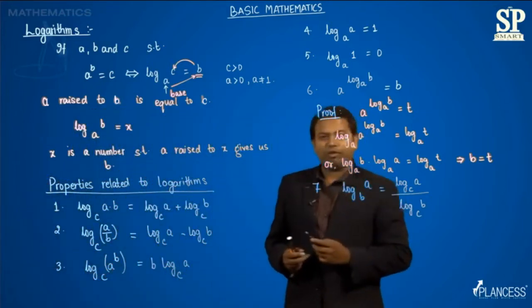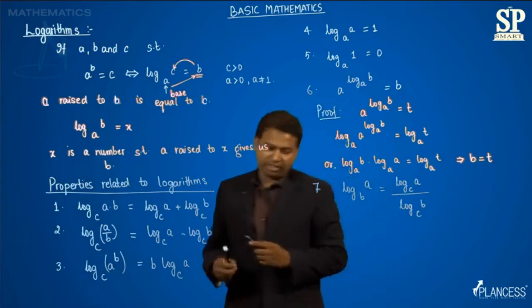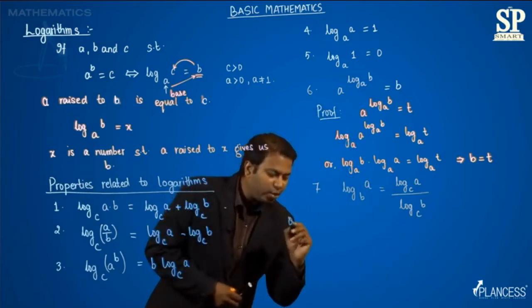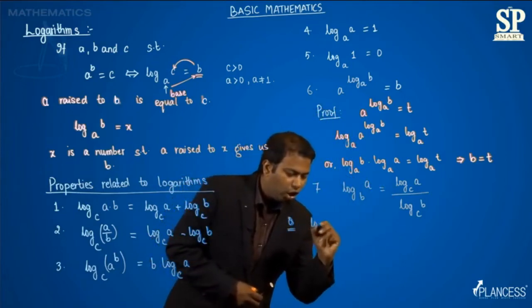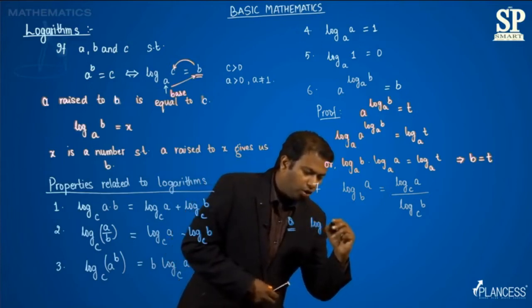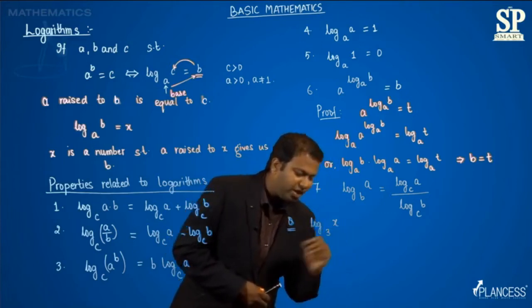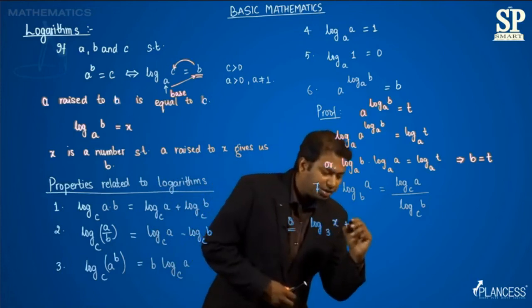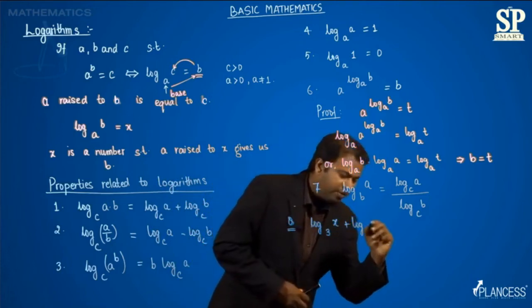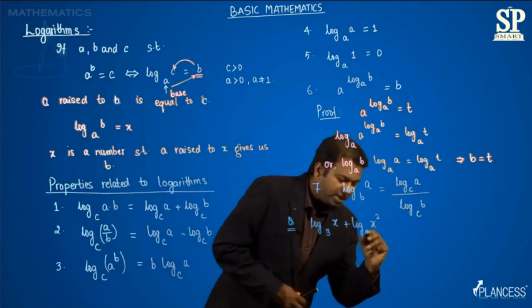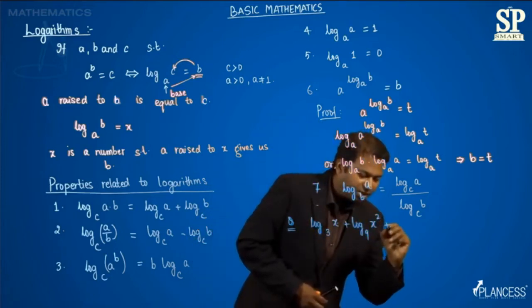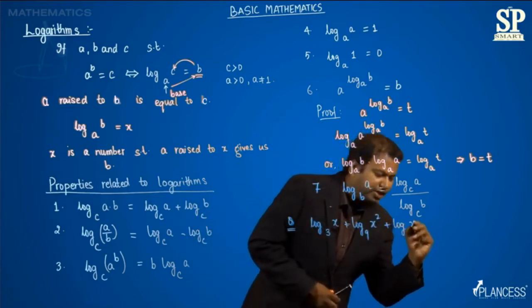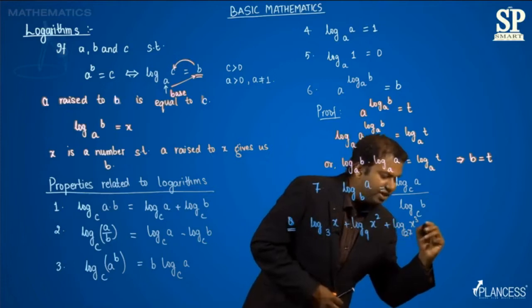Let us quickly solve one question based on this. So let us say the question is log of x base 3 plus log of x square base 9 plus log of x cube base 27 is equal to 9.